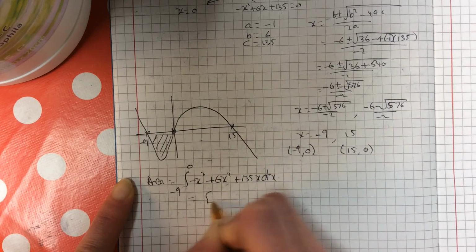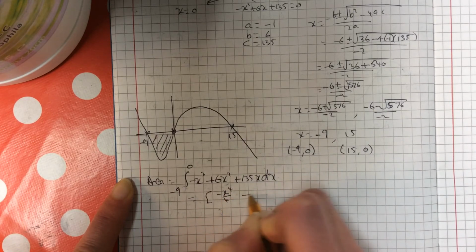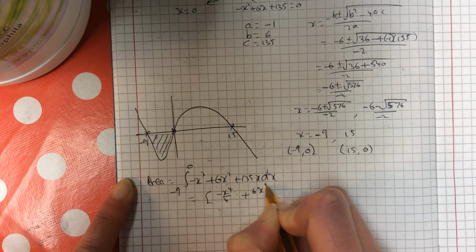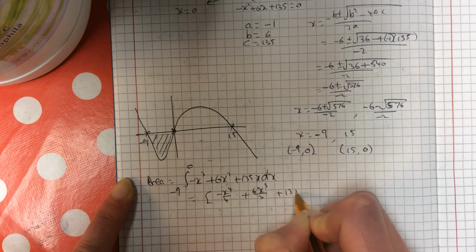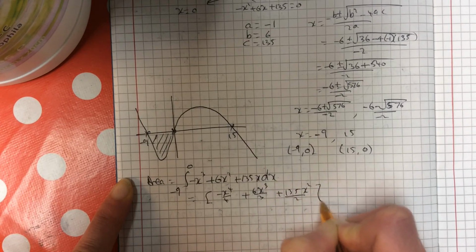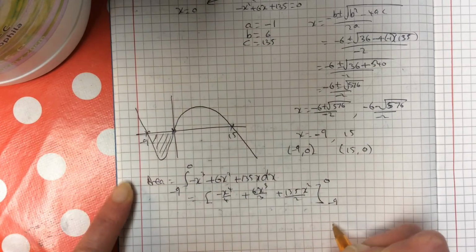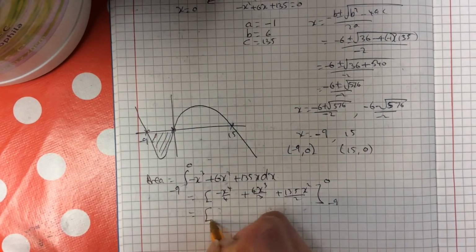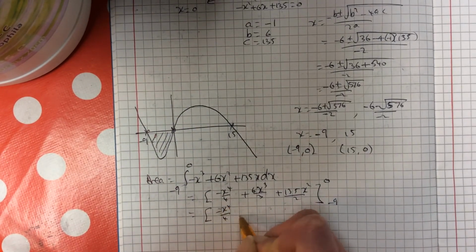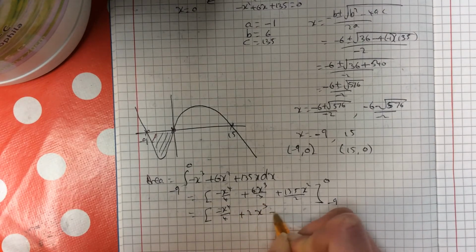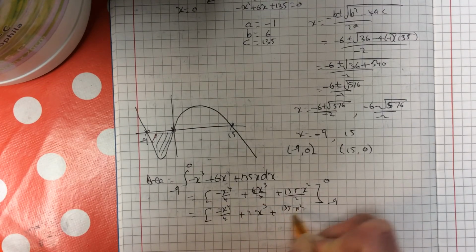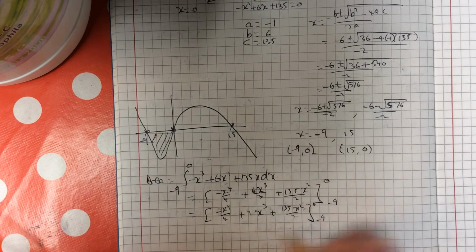Now, integrate. So add 1, divide by it. That's a plus. Add 1, divide by it. 135x squared over 2. And 0 and minus 9. I'll tidy up. Minus x^4 over 4 plus 2x^3 plus 135x squared over 2, 0 and minus 9.